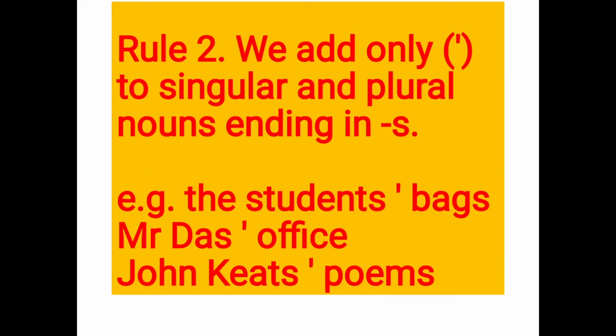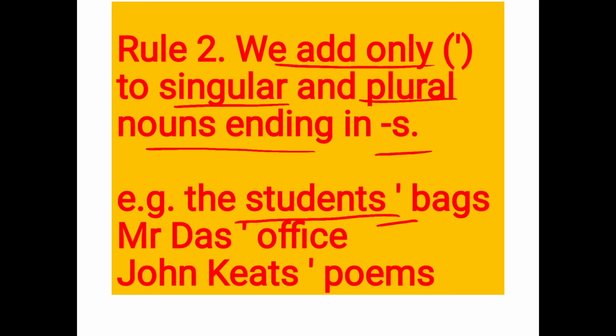Let us discuss the second rule. We add only an apostrophe to singular and plural nouns ending in s. What is the meaning of this rule? It means that we add only an apostrophe sign to singular and plural nouns which are ending in s, like the students' book.